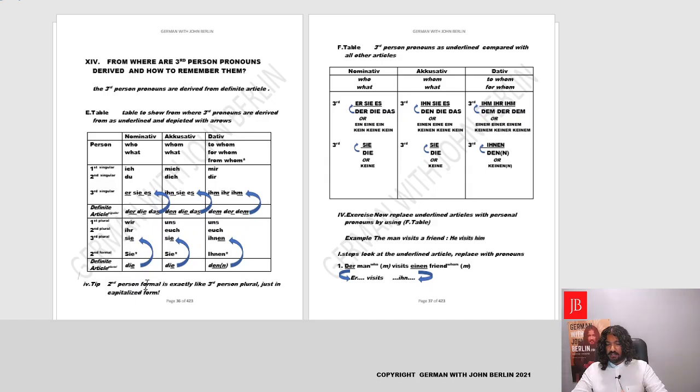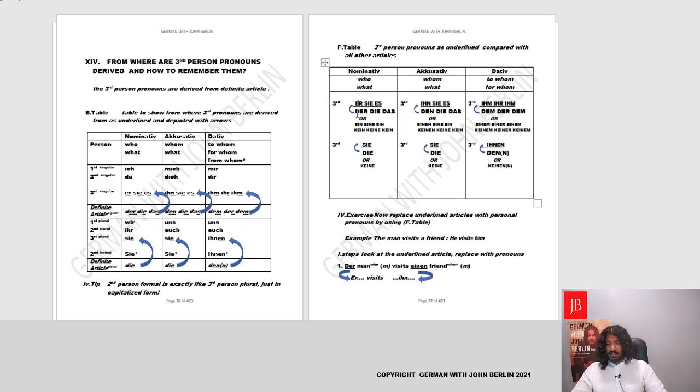We could see if this also compares with the other articles. And if we go on to see, yes, basically these personal pronouns could be compared to the definite article, and from the definite article we can derive the other articles. So it's a comparison of personal pronouns with all the other articles with the help of the definite article.